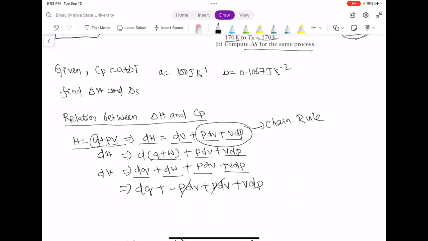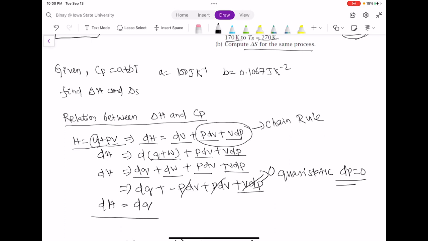These two will cancel out. Also this tends to 0 since in a quasi-static process at constant pressure, we assume dP is always 0. So that means our dH is always equal to dq.